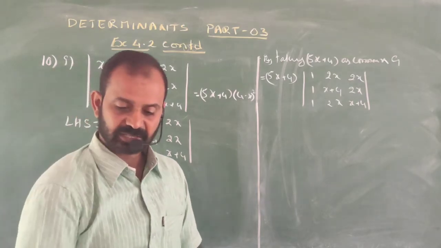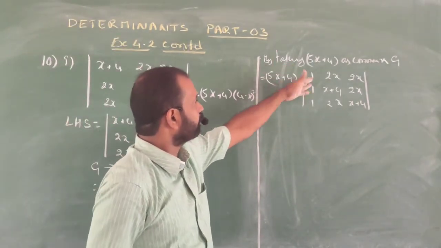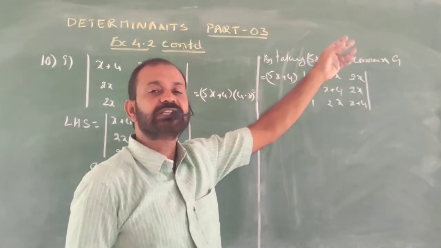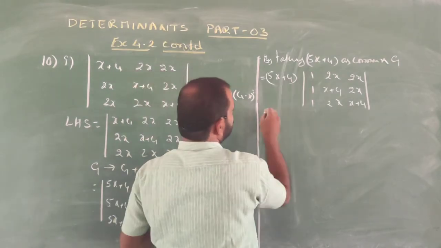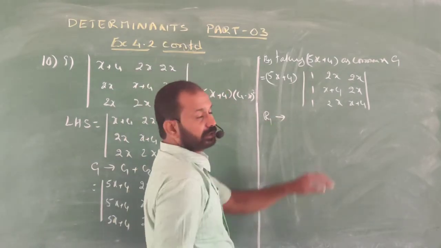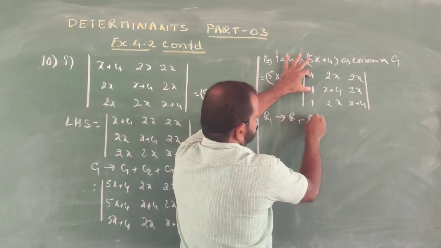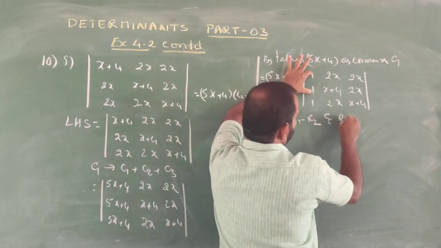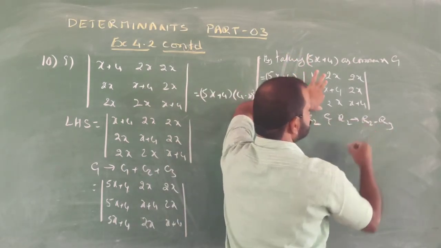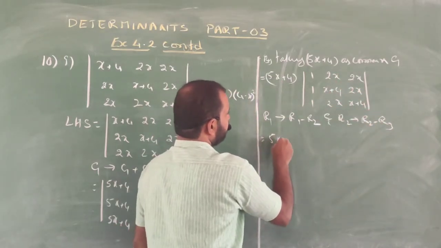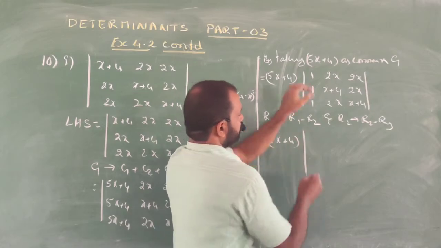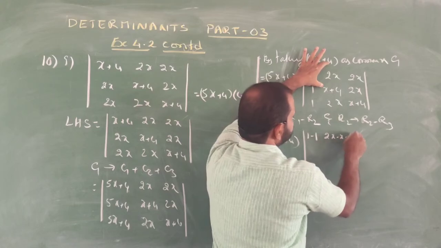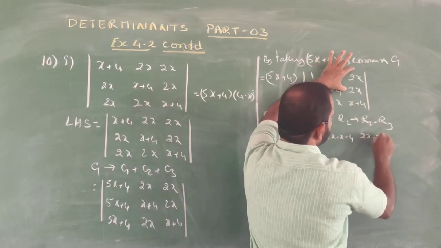Now the problem is almost over. Why? We have got 1, 1, 1. When we get 1, 1, 1, what do we have to do? Just make any two ones as zeros. So now R1 as R1 minus R2 and R2 as R2 minus R3. We will get 5x plus 4 into, here 1 minus 1, and here 2x minus x minus 4, and here 2x minus 2x.